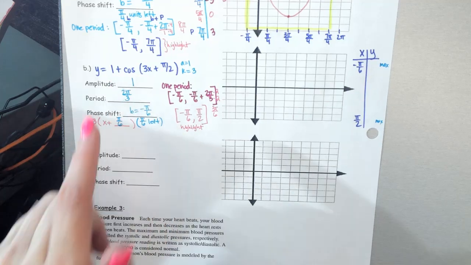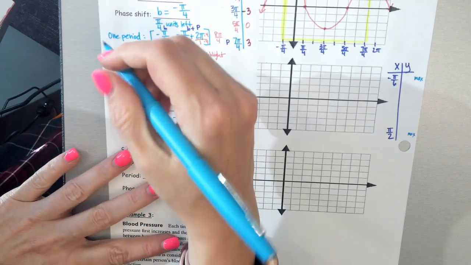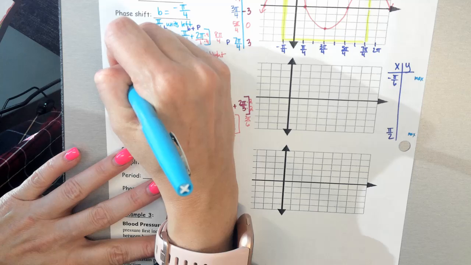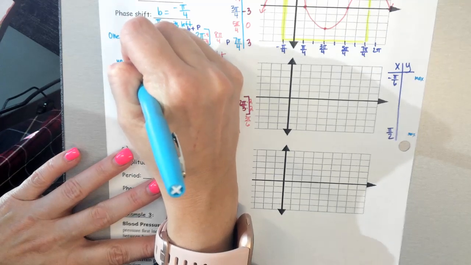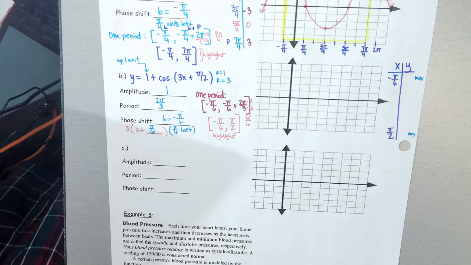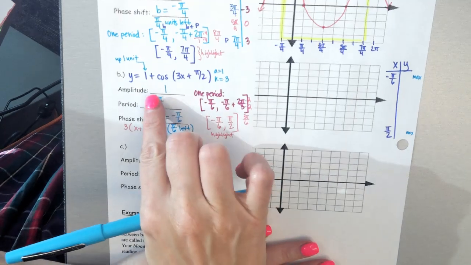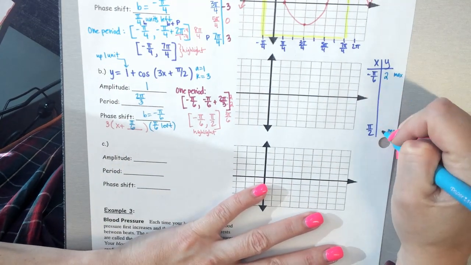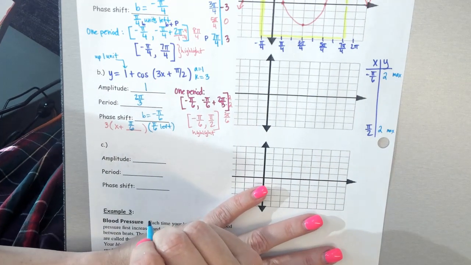This plus 1 is going to move everything up 1 unit. So what's my max going to be? My max value? 2. Okay, so 1 plus 1 is going to be 2. We're going to start at 2. We're going to end at 2.